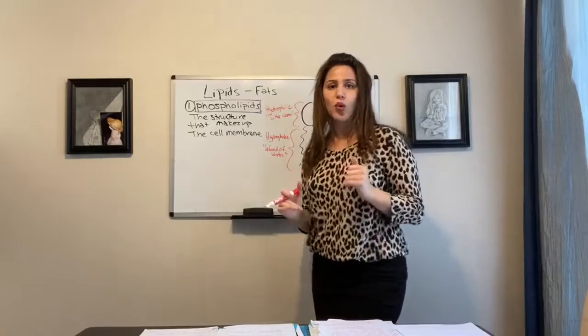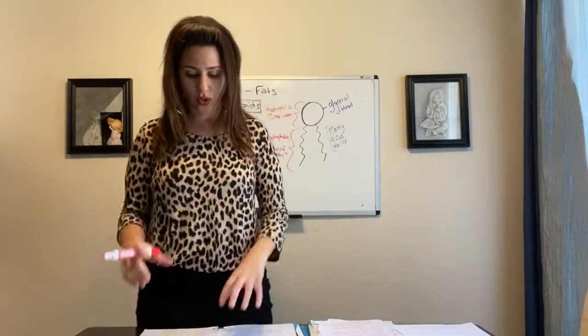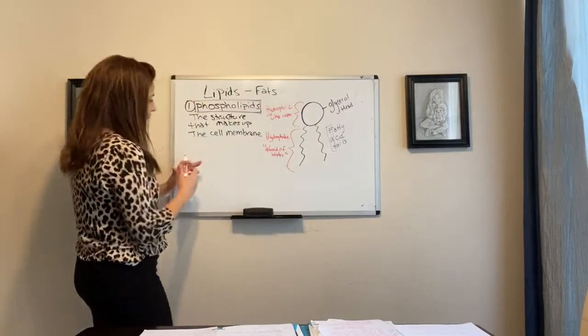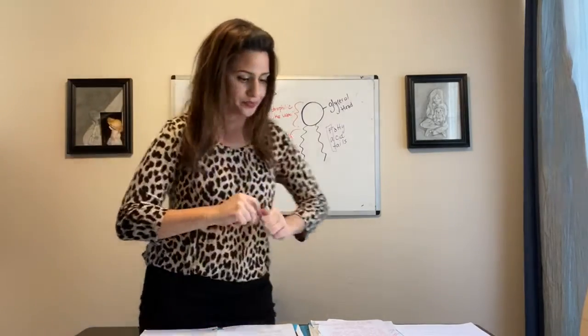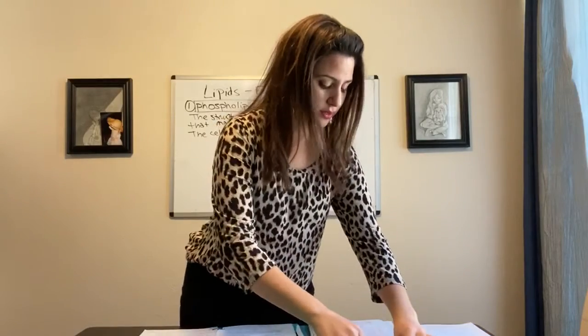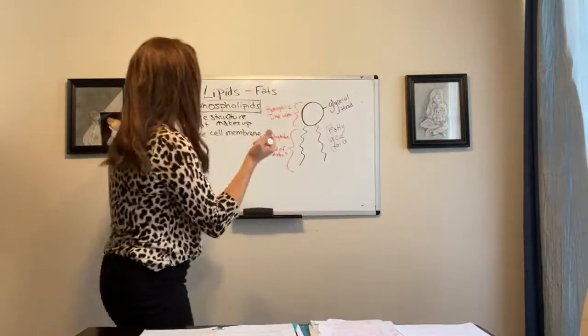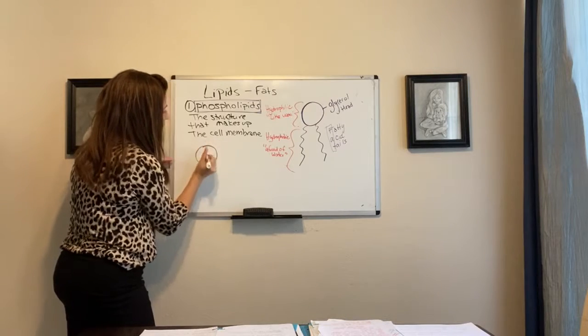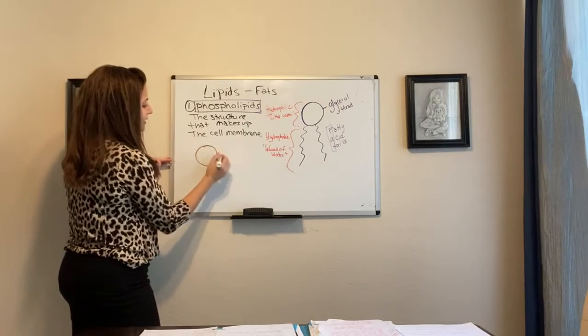So why is this important in forming our cell membrane? So what happens is, if you think about the cell membrane, we know that it is this boundary that separates the inside and outside of the cell.